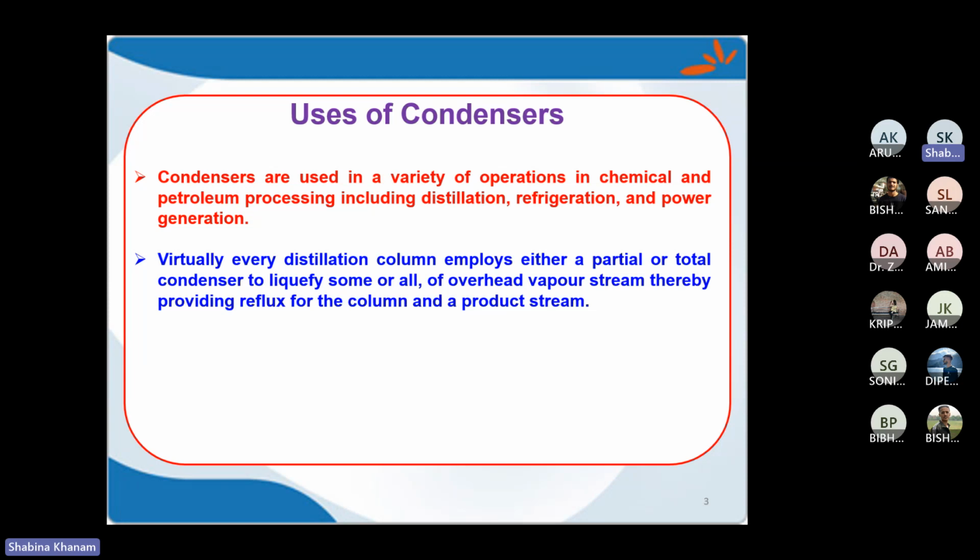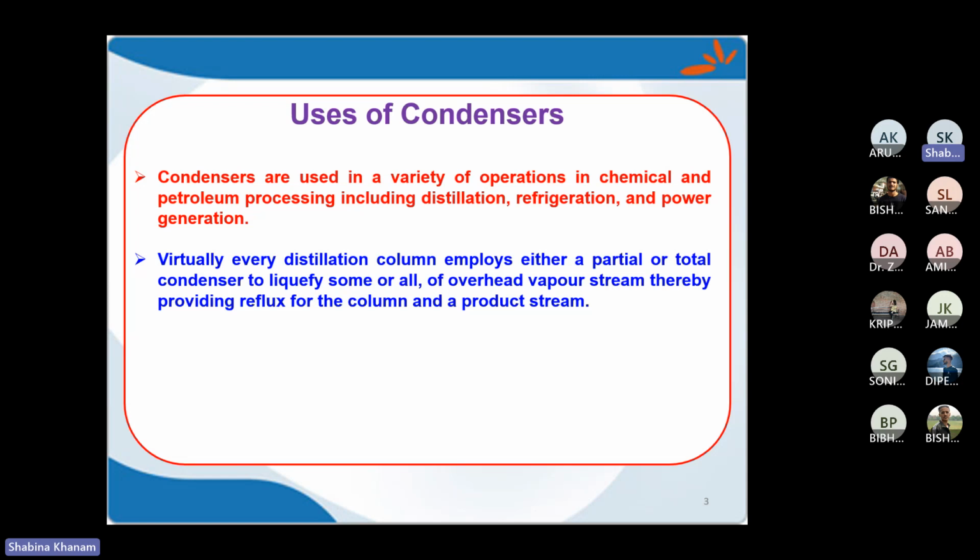And if you see the working of distillation column, reflux is must. That L stream is must. So it will depend on which factor that I should need partial condenser or total condenser, because liquid is must. It will depend on the product nature.